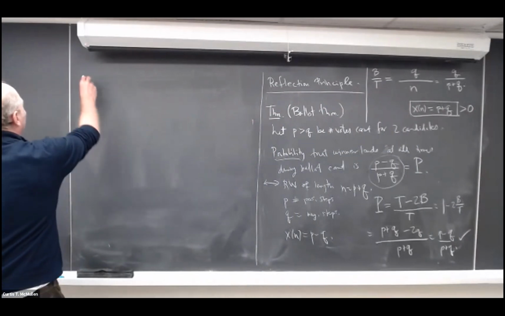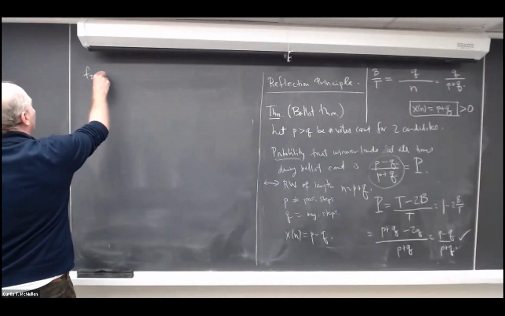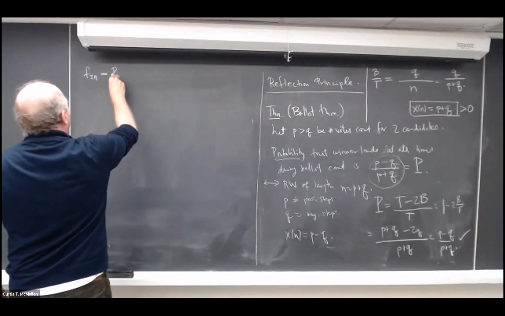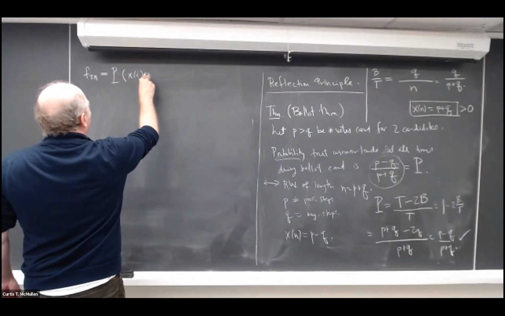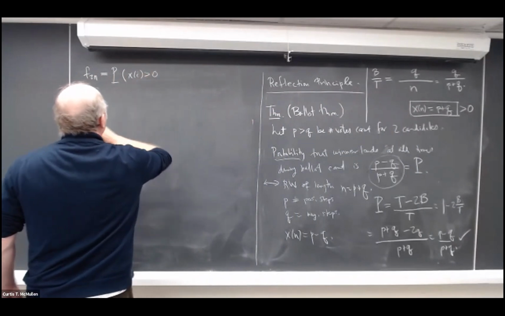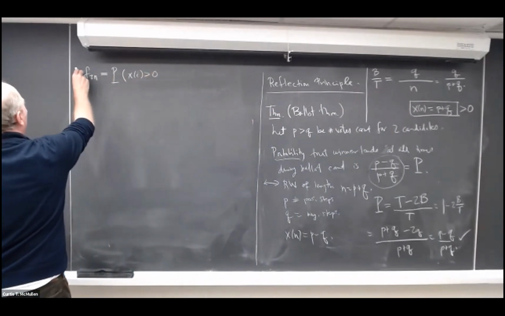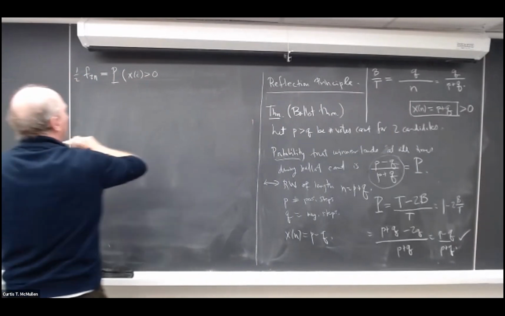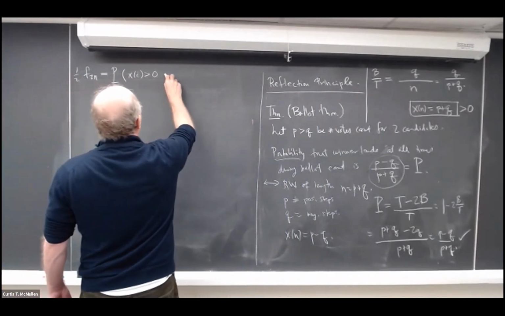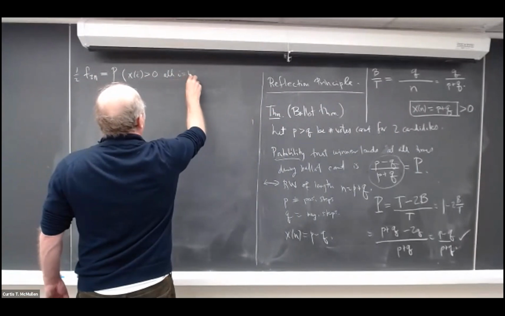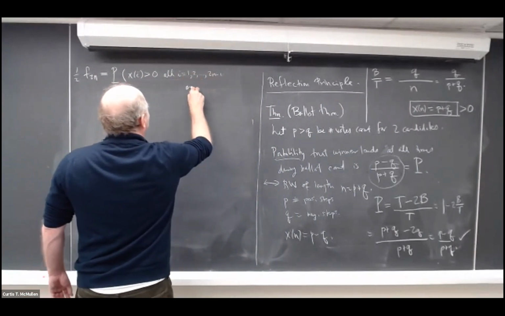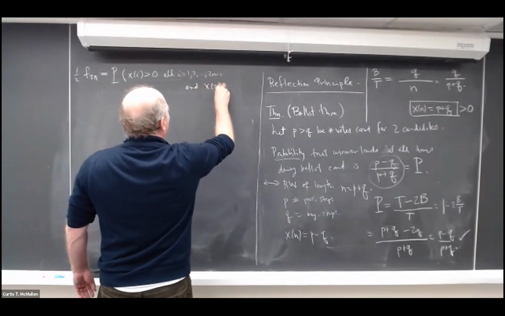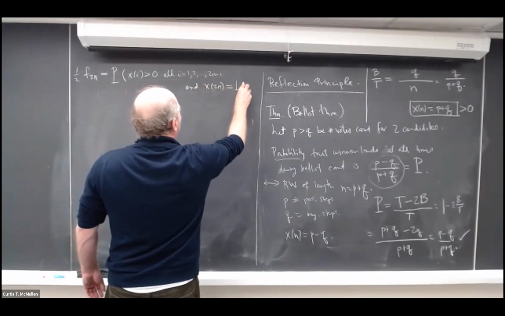So it's a conditional probability. Okay, so similarly, 1/2 f_2n is the probability that x_i is positive for all i equals 1, 2, up to 2n minus 1, and x of 2n is equal to 1.